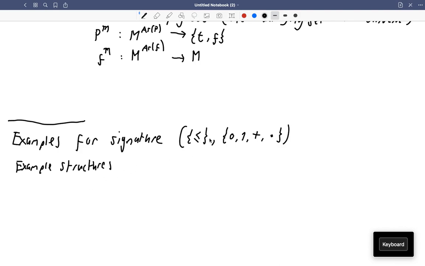We certainly know that one place we can interpret this language is in the natural numbers.